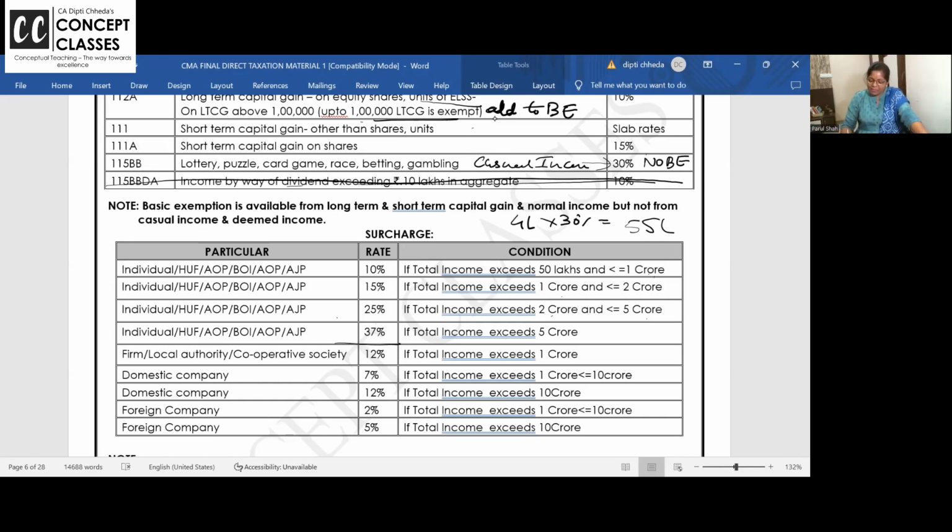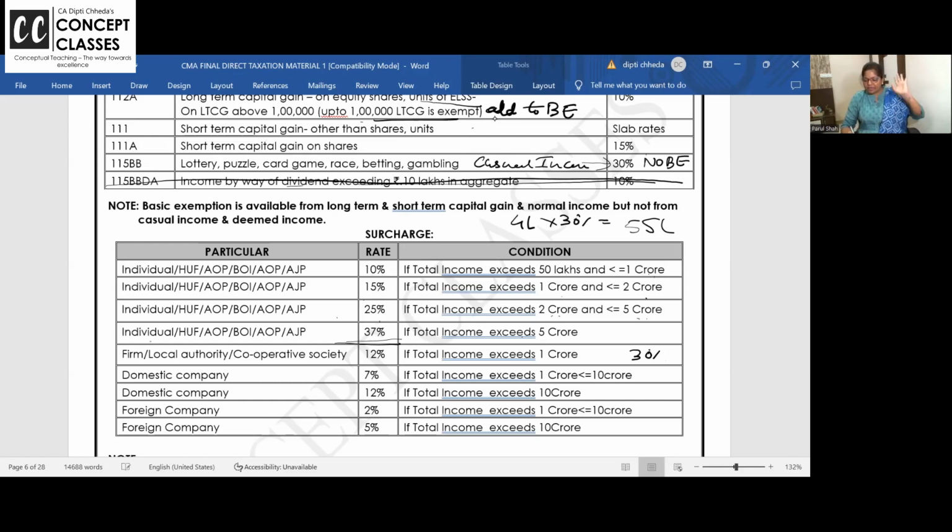So if you are earning above 5 crores, only for individual, HUF, AOP, BOI, how much surcharge do you have to pay? 37%. This you have to remember. 50 lakh to 1 crore, 10%, 1 crore to 2 crore, 15%, 2 crore to 5 crore, 25%, 5 crore and above 37%.